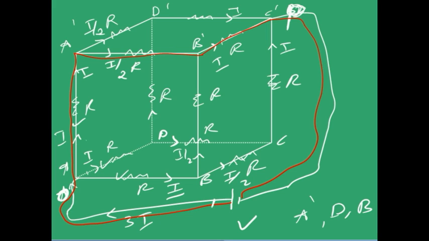First, I encounter a potential drop across A to A dash. That will be IR by Ohm's law. And next from A dash to B, there will be a potential drop where I by 2 is the current and the resistance is R. And next from B dash to C dash, there is a potential drop of I and R. And finally, I get a potential gain of this battery when I come like this. So I'll minus this. This is your first equation, okay?